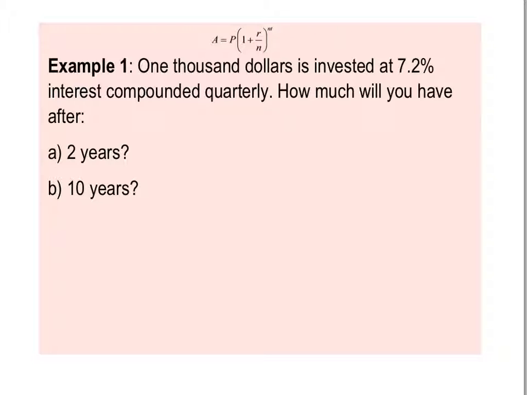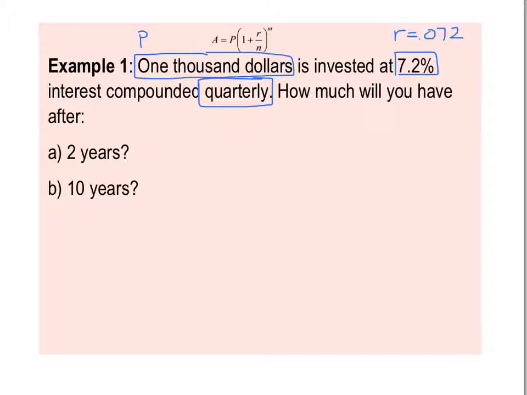So $1,000 is that P value, what you initially put in. It says that's invested at 7.2%, so that is our rate. But remembering that our rate needs to always be converted to a decimal, it's 0.072.